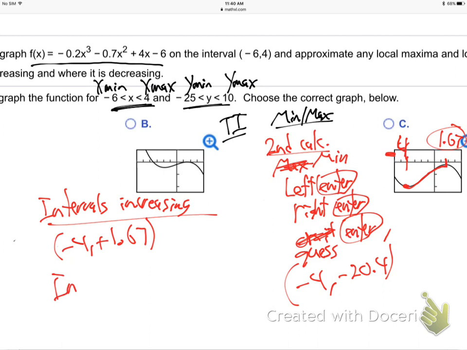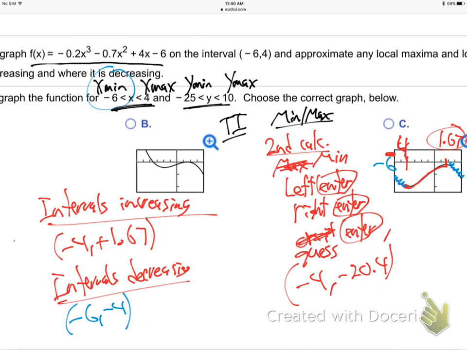And what are the intervals in which it's decreasing? Well, decreasing would be this section and this section. And that would be from -6, because remember our x min is -6, to negative. They don't want negative infinity. They just want in your window.